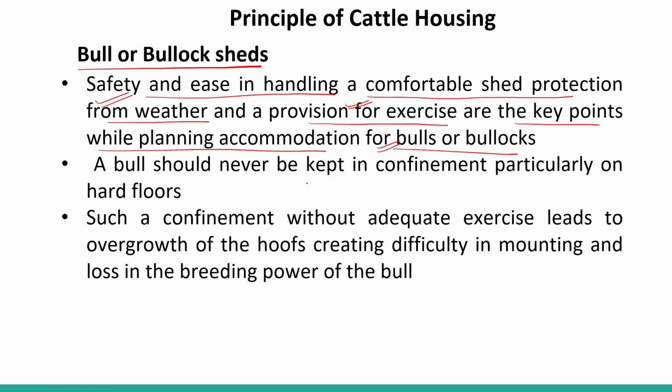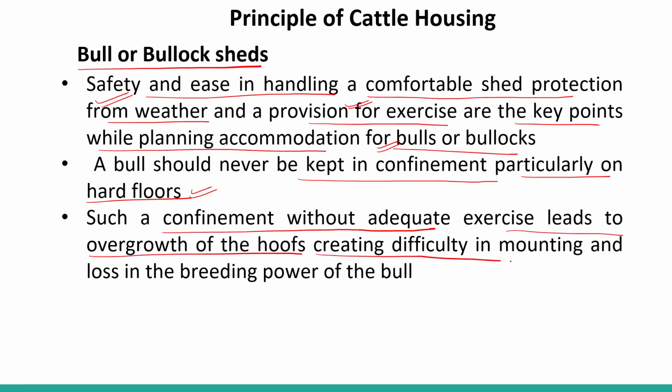A bull should never be kept in confinement, particularly on hard floors. Such confinement without adequate exercise leads to overgrowth of the hooves, creating difficulty in mounting and loss of the breeding power of the bull.